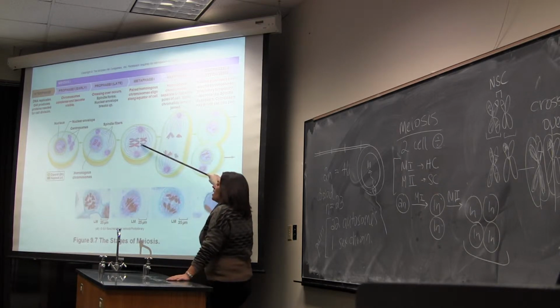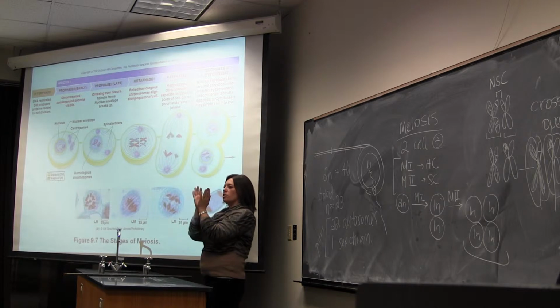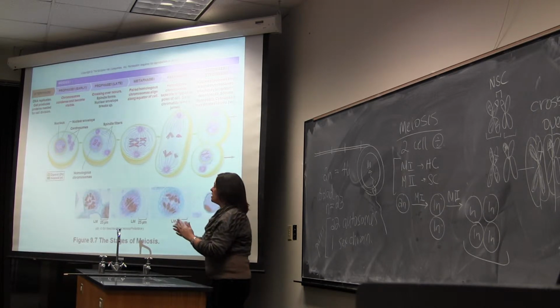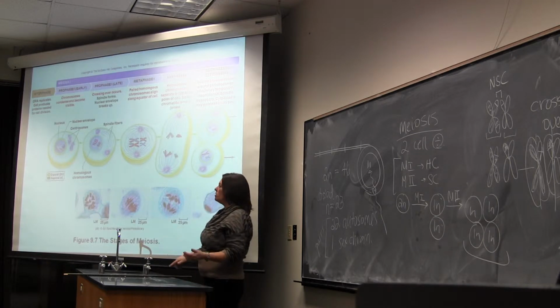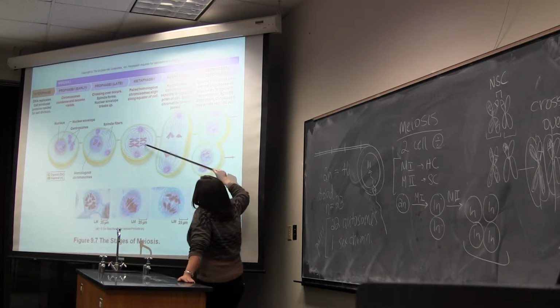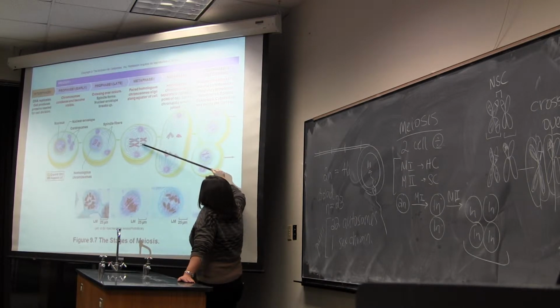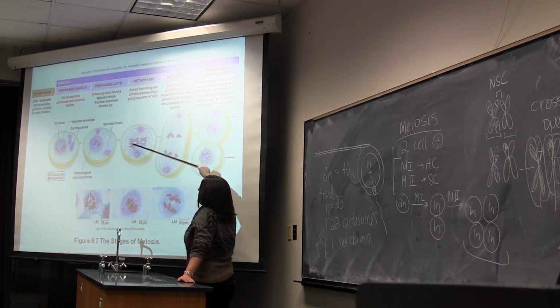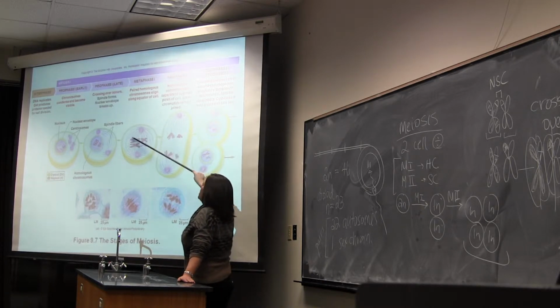And then in metaphase, instead of just the individual chromosomes lining up on the metaphase plate in the middle of the cell, now we're lining up the homologous chromosomes. So here's a pair of homologous chromosomes. This one's from mom, this one's from dad. And then here's another pair that have crossed over. This one mostly mom and this one mostly dad.